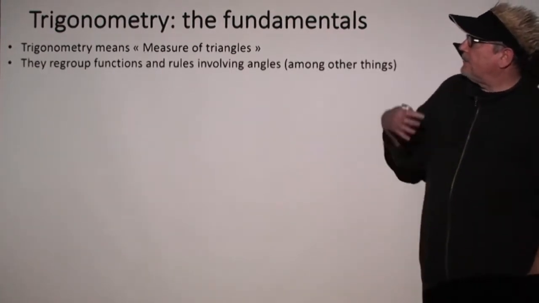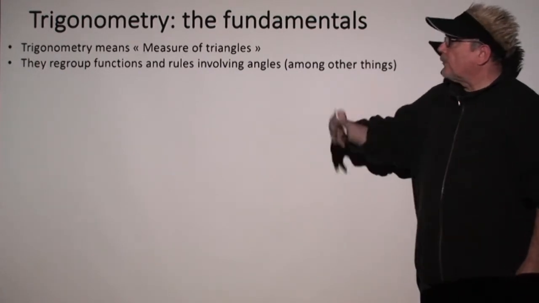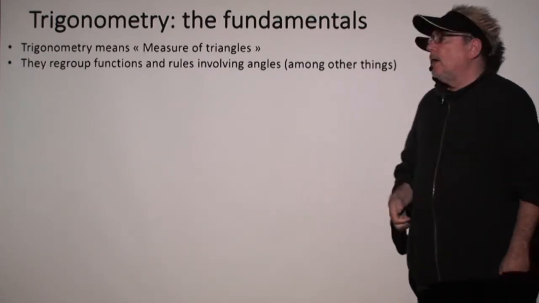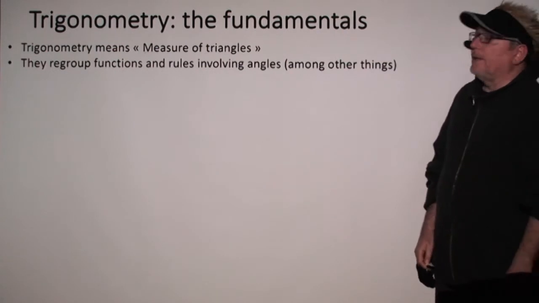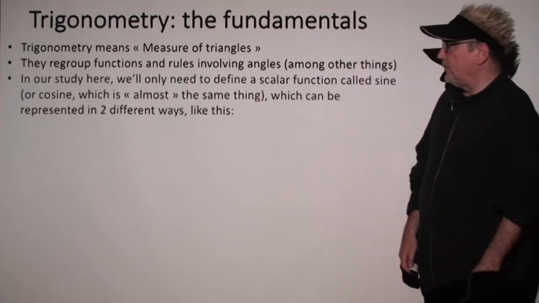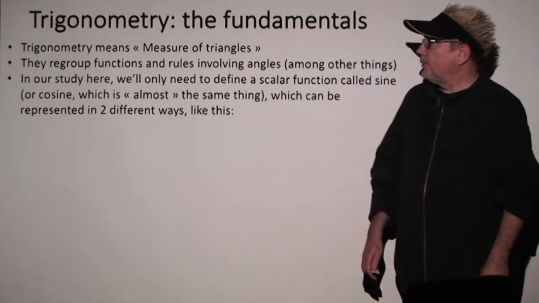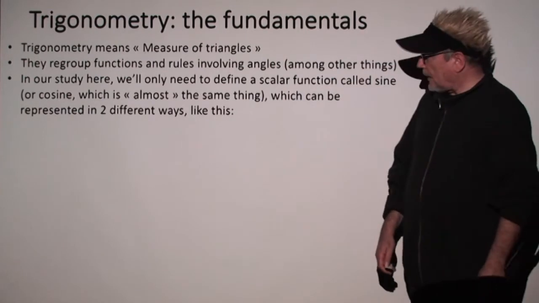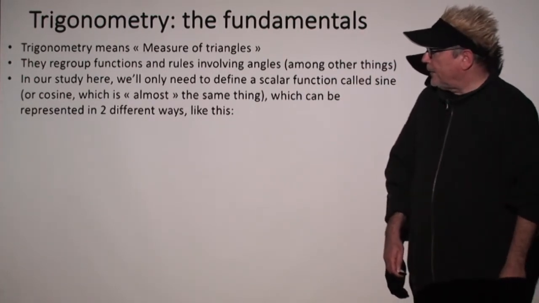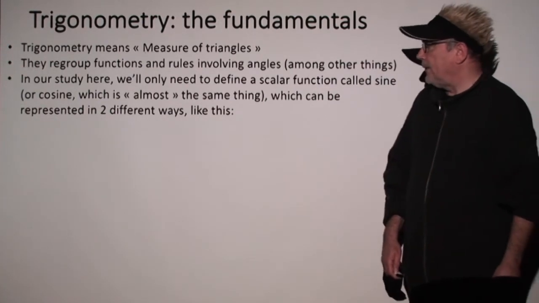And basically trigonometry regroups functions and rules involving angles, and that's very key because angles are important in physics, as we'll see soon. We'll only use 2 simple functions in that field. One is called the sine of an angle, and the other one is called the cosine.